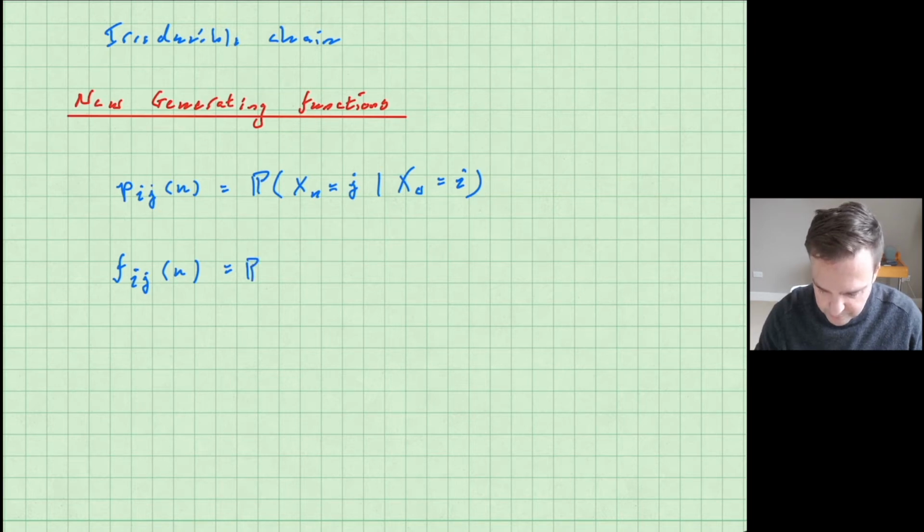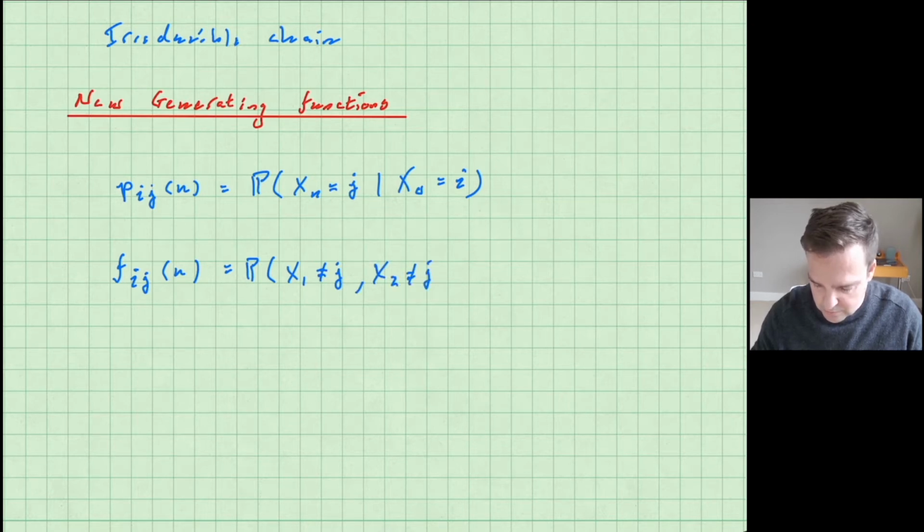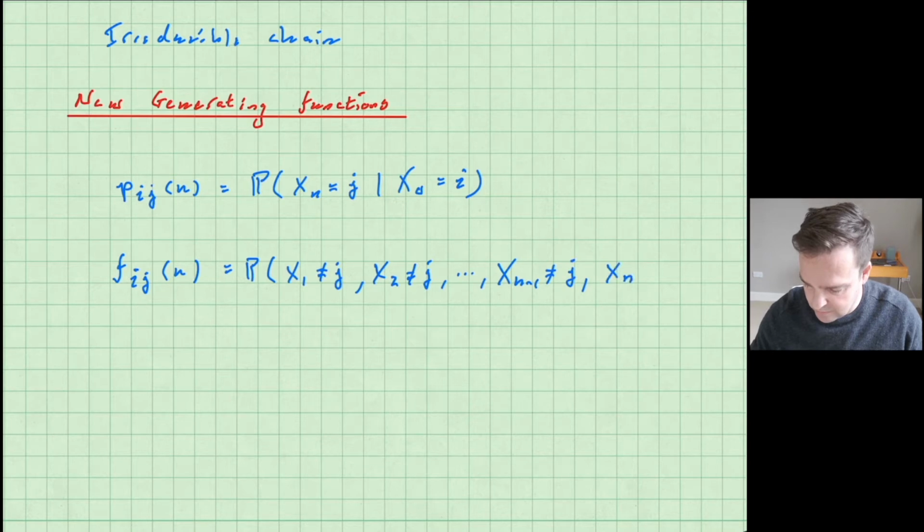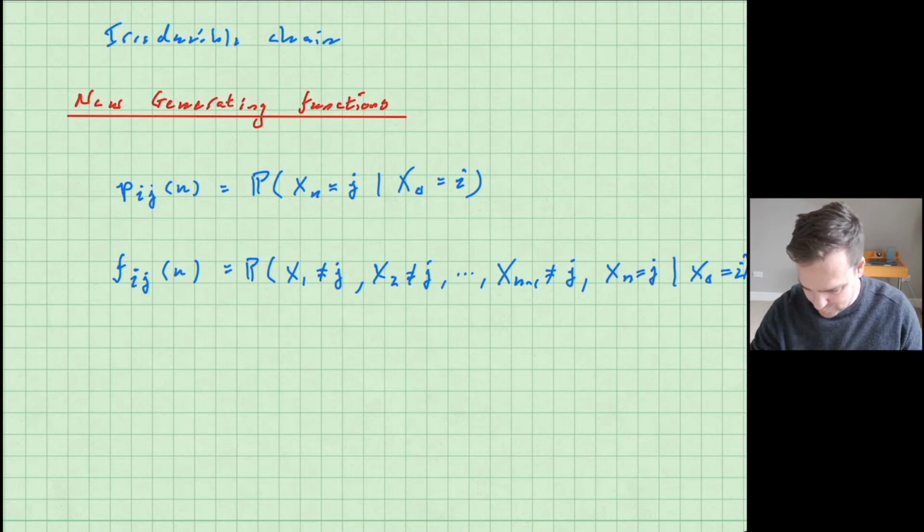It's the probability, just reminding you, that x1 is not equal to j, and x2 is not equal to j, and so on, up to xn minus 1 is not equal to j, and then xn is equal to j, given that x0 is equal to i. I'll move this over a bit.